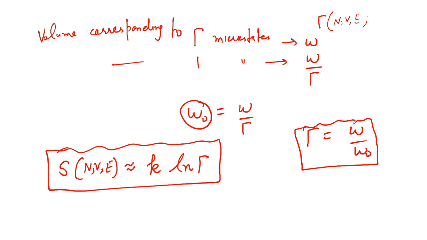The value, which should be of the order of h cubed for an n-dimensional system, we will derive in our next lecture, in the application of the microcanonical ensemble to the classical ideal gas. So let us start our first example of a classical ideal gas.